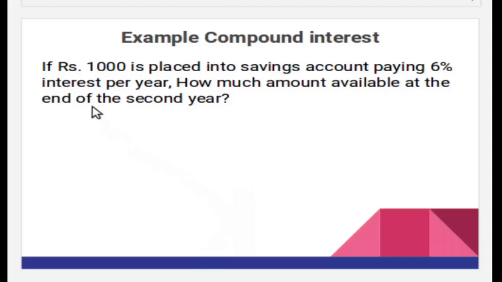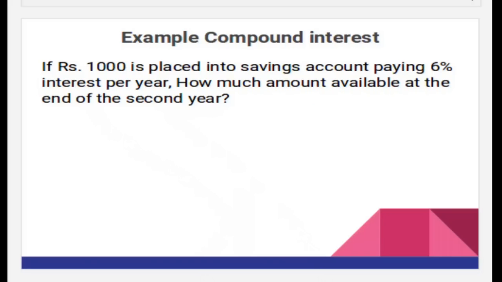Let's take one simple example. If rupees 1000 is placed into a savings account that pays a 6% interest rate per year, then how much amount will be available at the end of the second year?